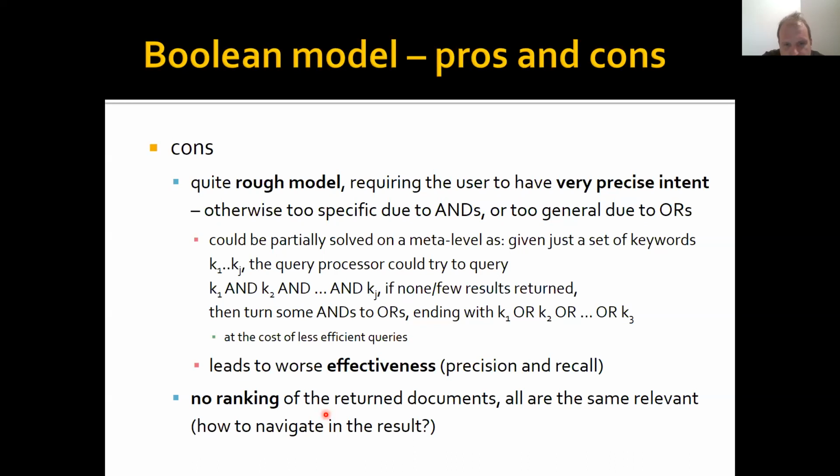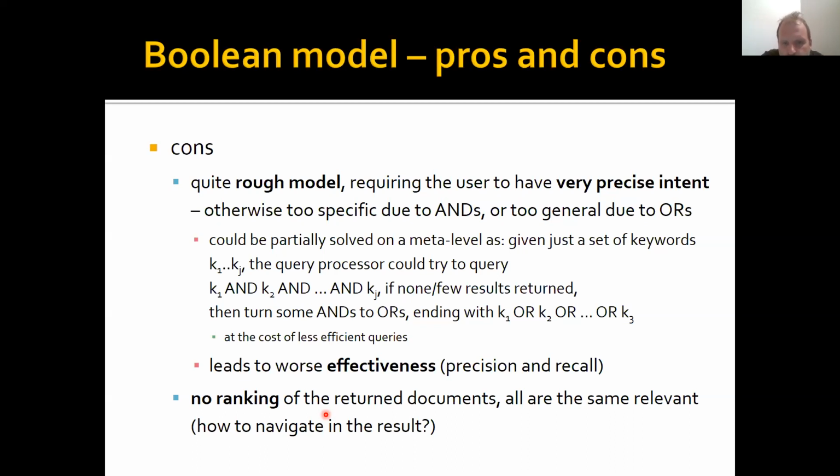And if it's too big, we must throw it away and start to search again, because we cannot basically process a large query result. Or if the query result is an empty set, then we have also a problem. We must reformulate the query. And there is a problem how to reformulate a query.